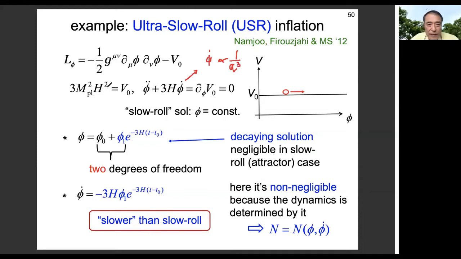And if H is constant, this can be easily integrated, and you get some constant of integration plus a term which exponentially decays.